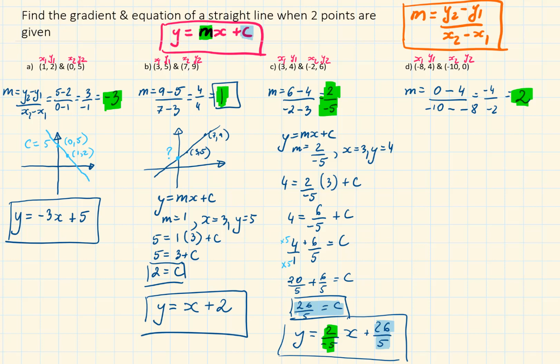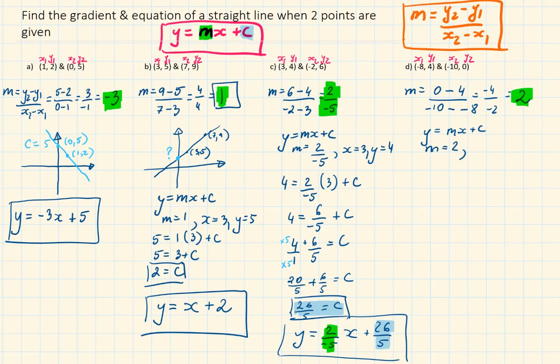We have to work out the y-intercept. So again, we are going to use the general formula of a straight line, which is y equals mx plus c. We're going to pick one of the coordinate points. This time I'm going to pick the second one because we've got a 0 there and it's easier to work with zeros. But you can choose the first one and still get the same answer. So m is fixed.